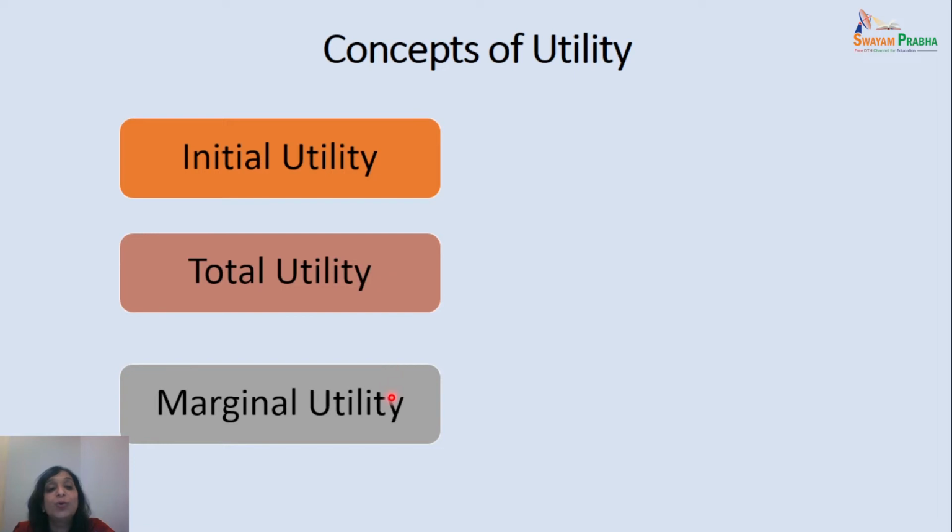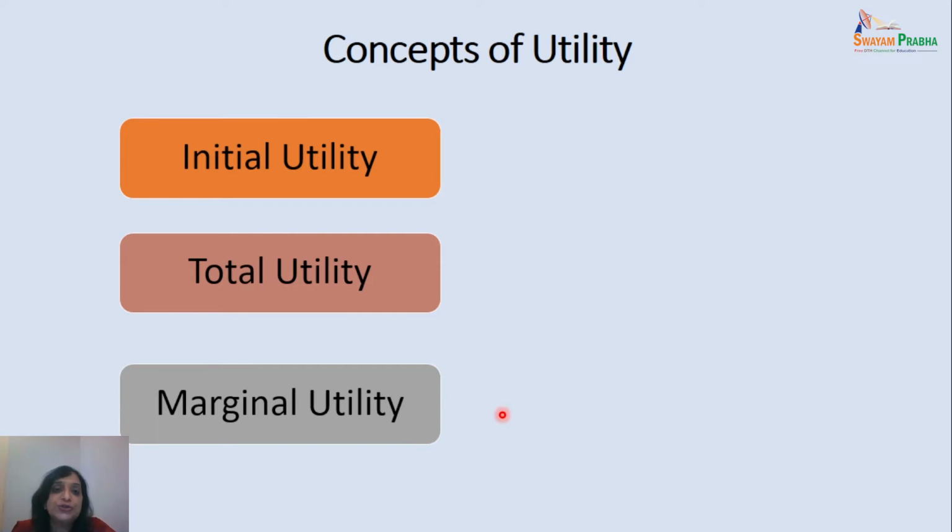Learners, let us go back to the last lecture of Unit 1, where we had discussed total and marginal functions. That concept we are going to use today when we are understanding the concept of utility. Let us understand all three concepts very clearly.